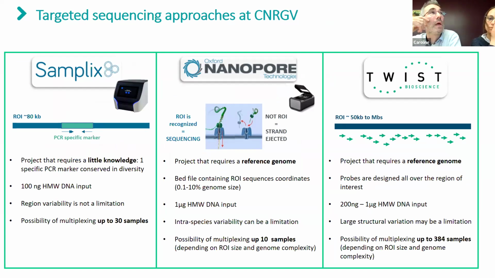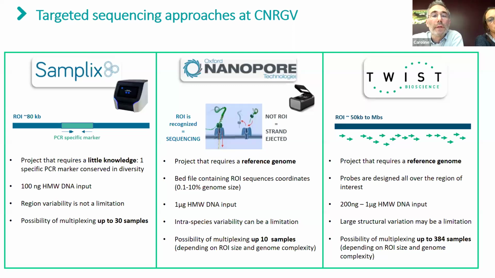They all have their advantages and biases. And Simplex was quite nice because it only needs one specific PCR marker. And then you can capture around 80 kb with only this information.